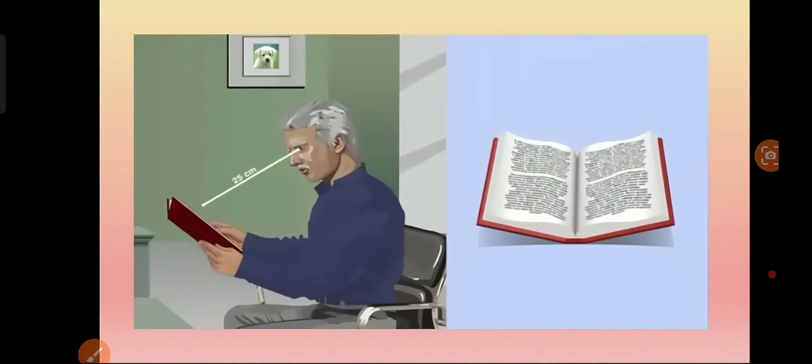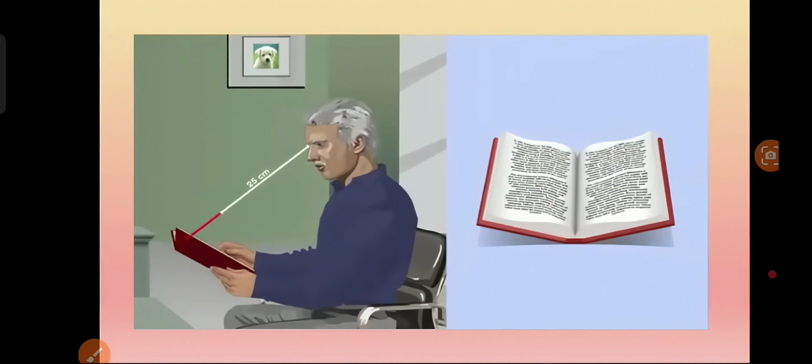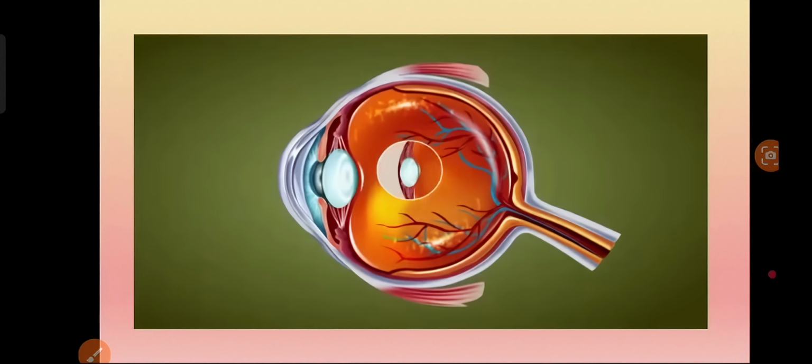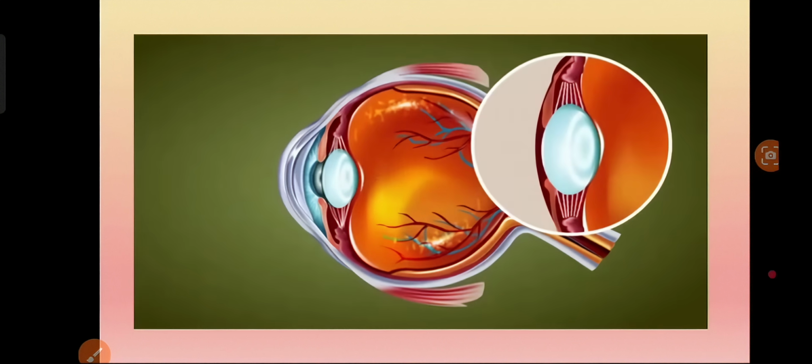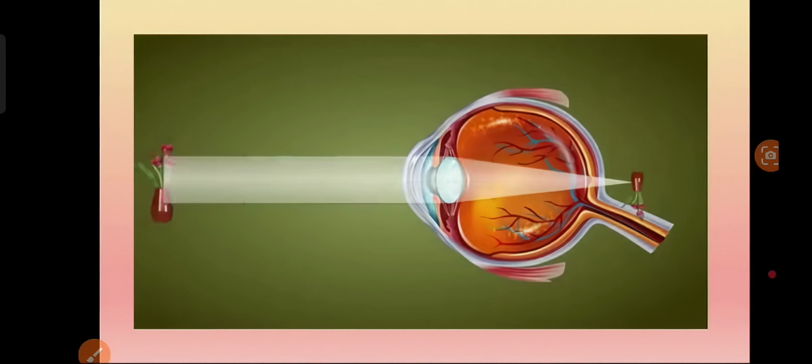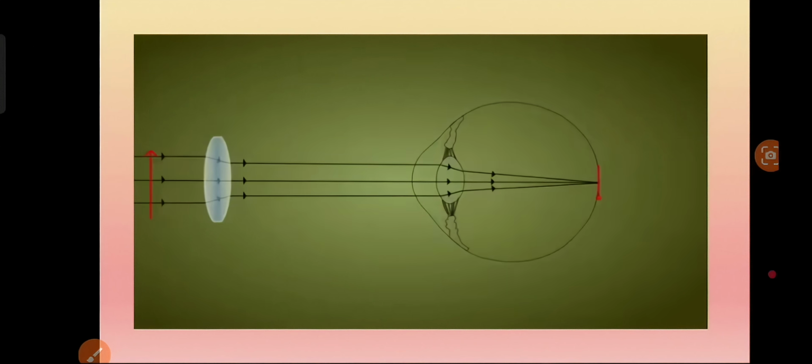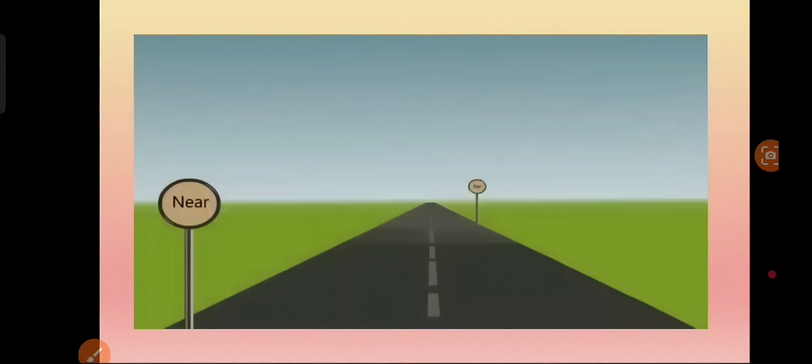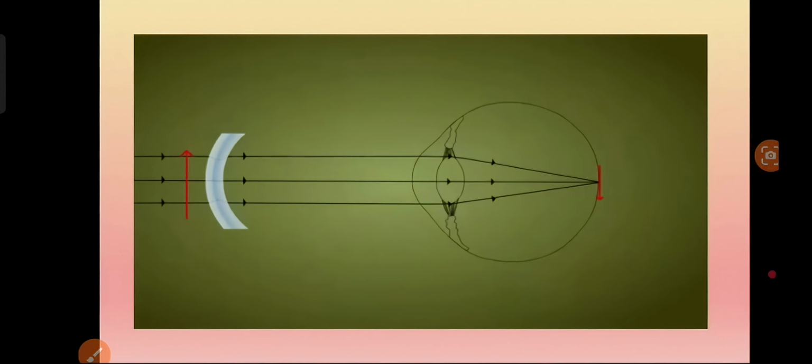So here you can see, beyond 25 centimeters only, that is, the near point is greater than 25 centimeters. So we have to put the convex lens to correct this defect, hypermetropia, and they will also have short sightedness. By using a concave lens we can correct this defect.